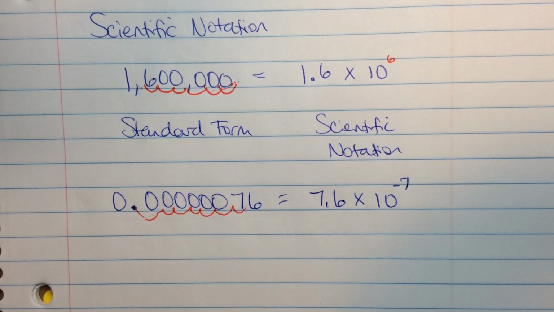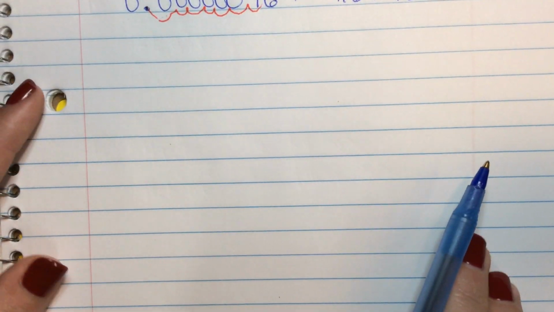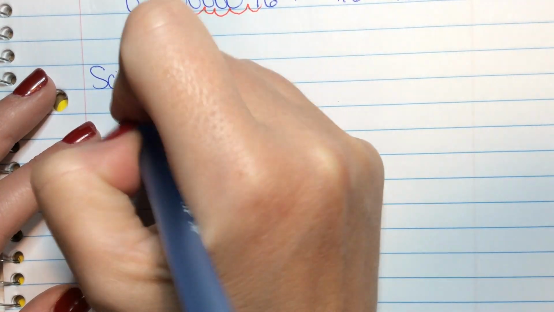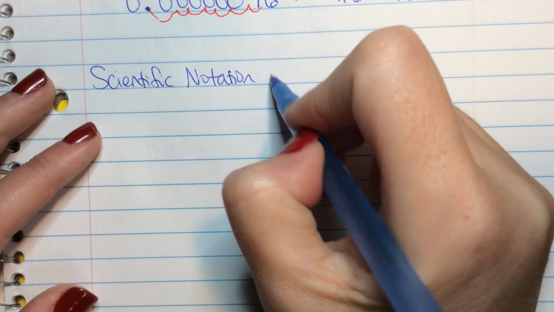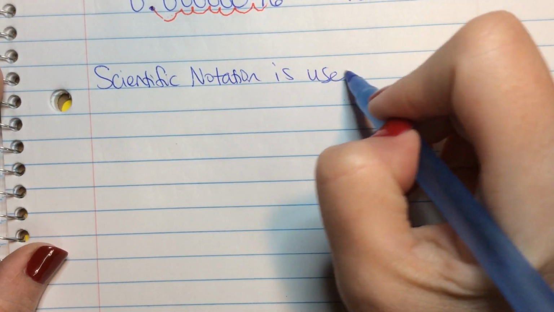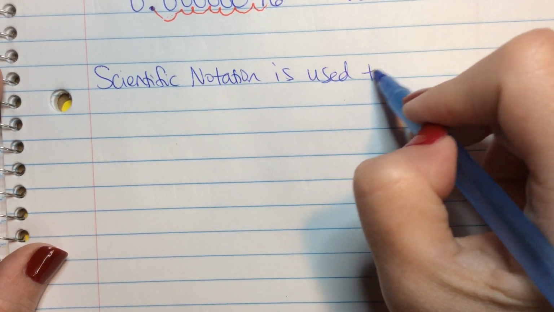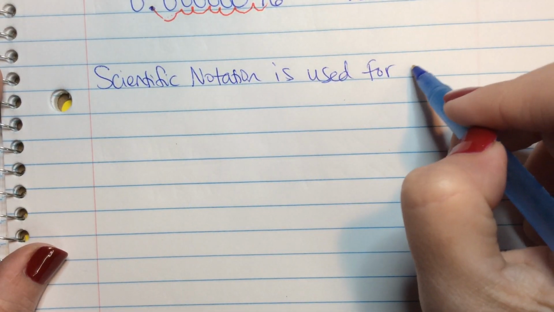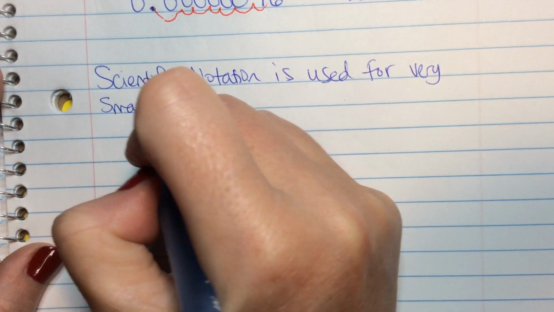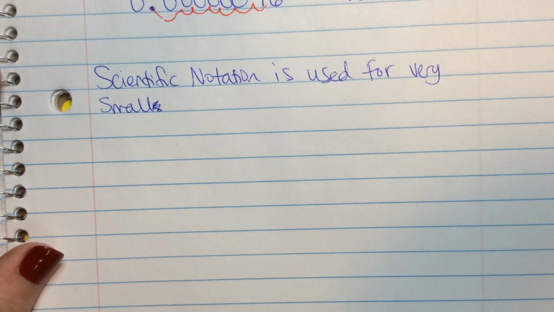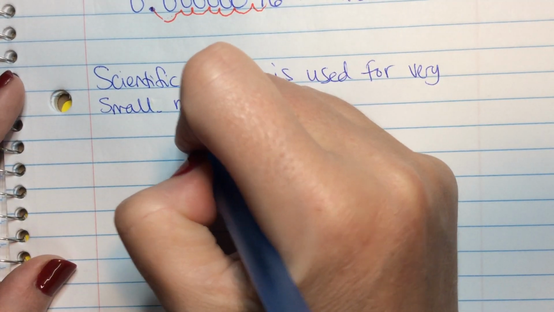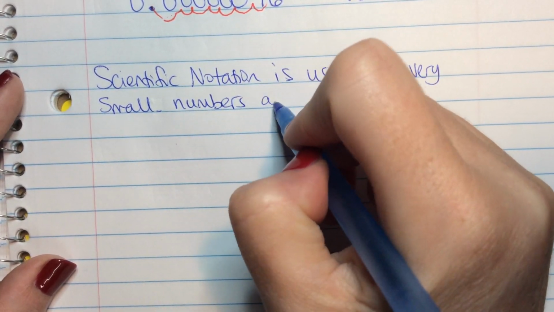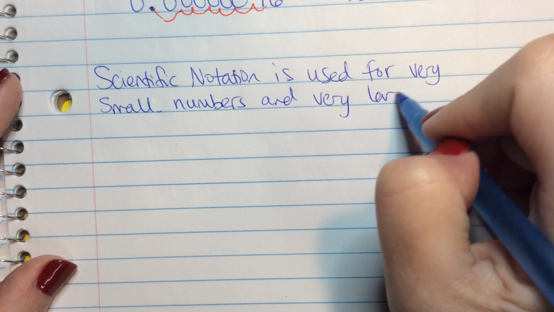So we're going to write some things down and take real notes on scientific notation. So scientific notation is used for very small numbers and very large numbers.